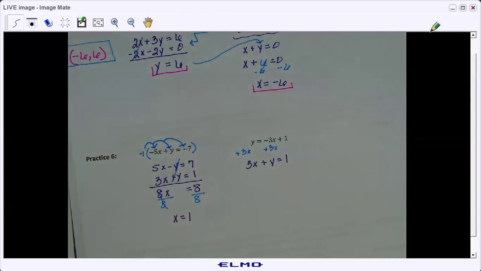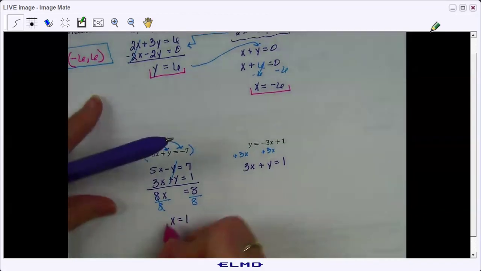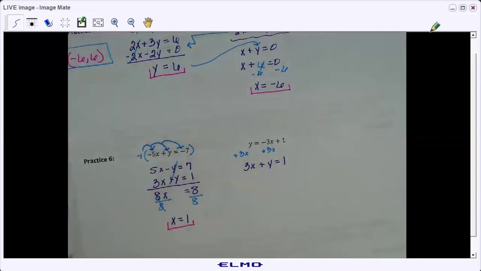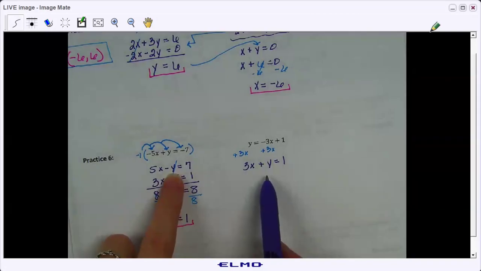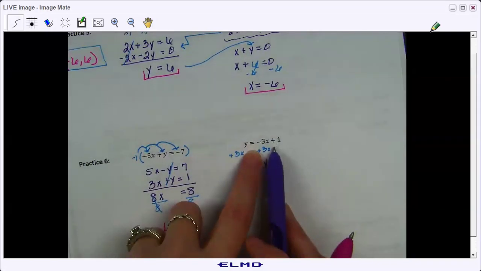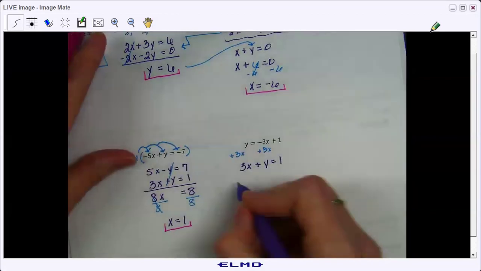And then once you find x, you can find y. Now, it doesn't matter which equation you plug it into, even the rearranged equations will work. Okay. I'm going to choose the second equation up at the very top to plug it into.